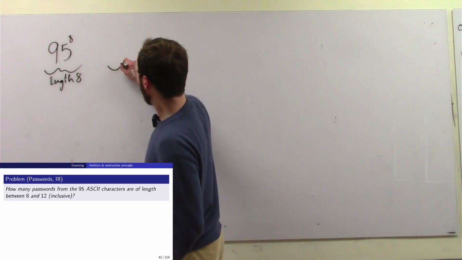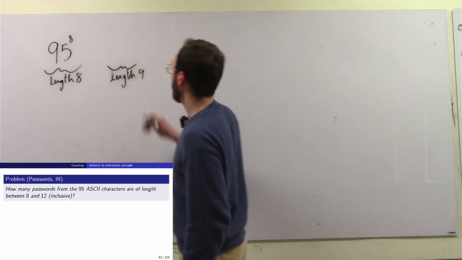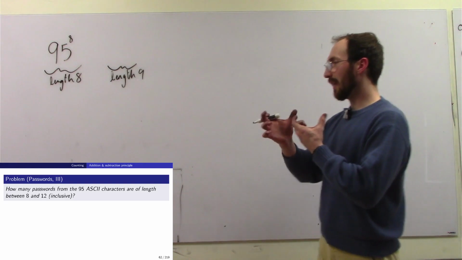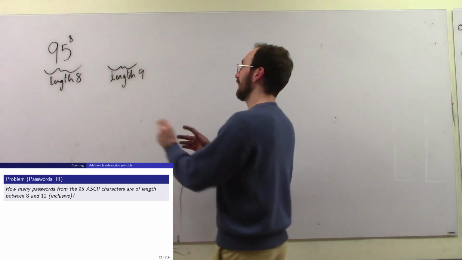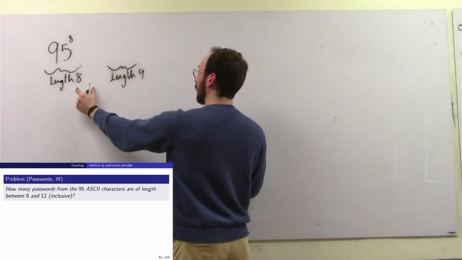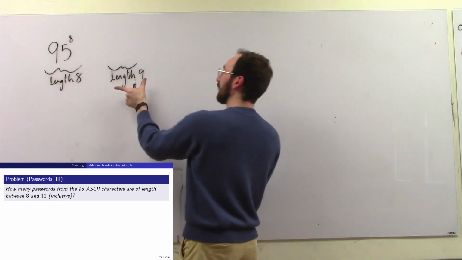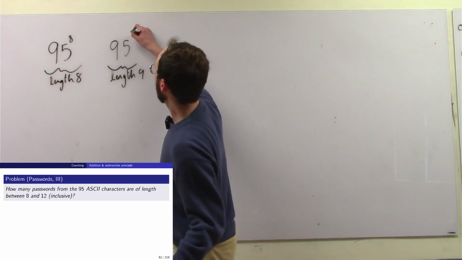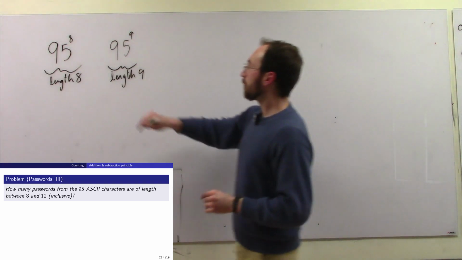And as I was saying, all length 9 passwords, yeah, you could find all of your length 8 passwords sort of living inside, but that's not the same thing as what we're discussing here. This is all the ones that are exactly 8. These are all the ones that are exactly 9. Again, there's 95 spots for each of them, but we have 9 choices.